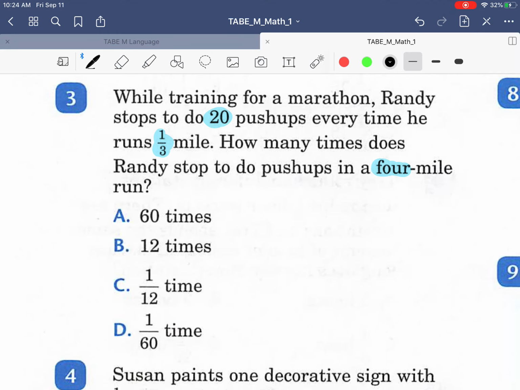So let's look at a picture of what's happening. Here is Randy doing this run that is 4 miles long.